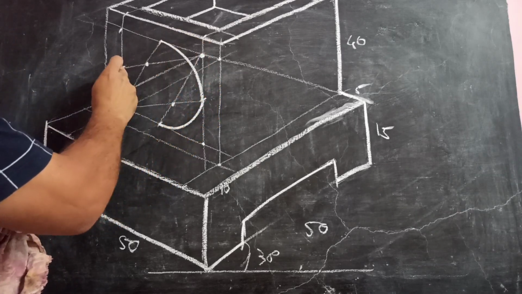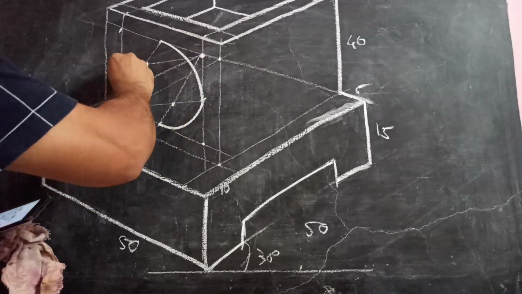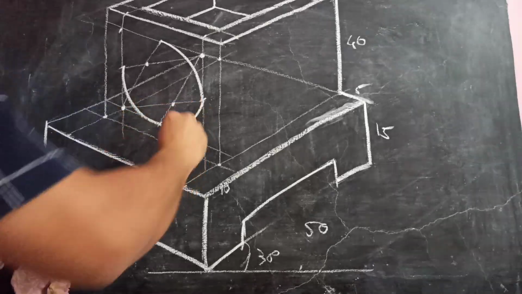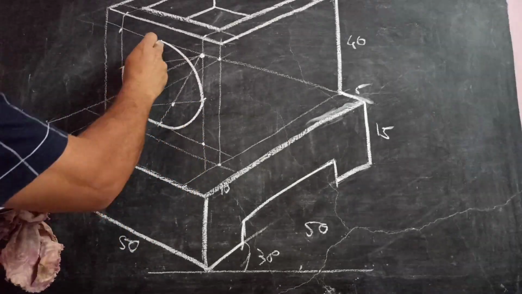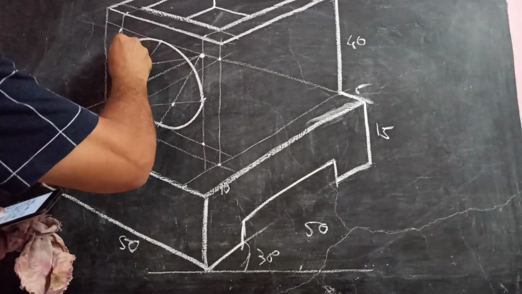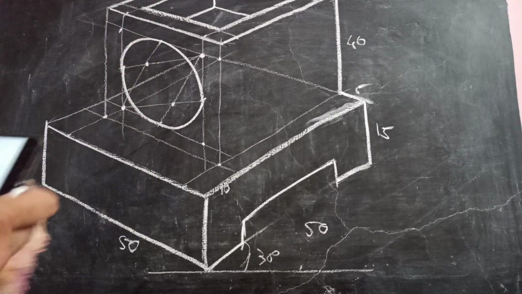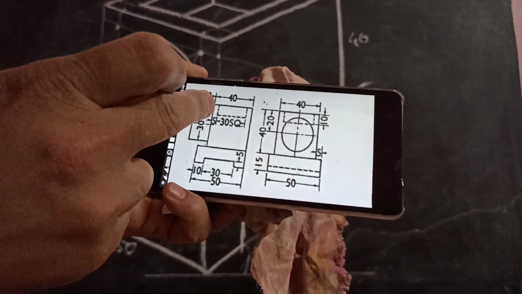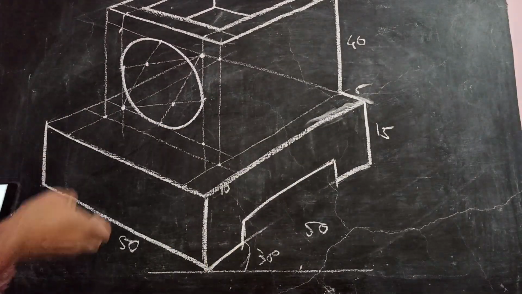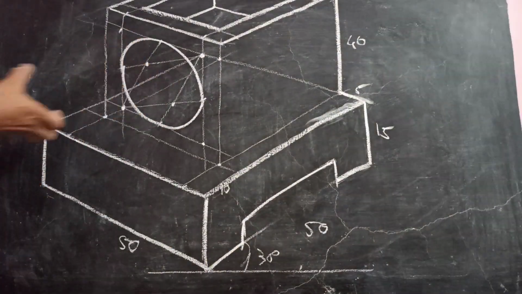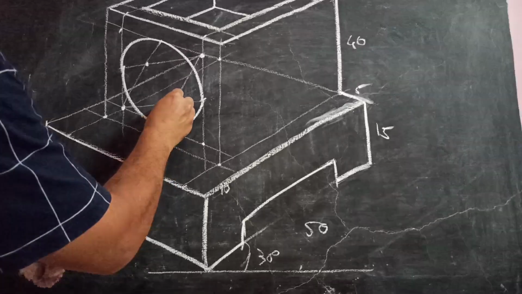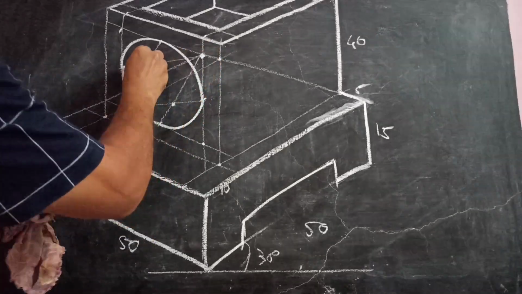Take this as center, this much as radius, and from this as center, this much as radius, you can complete. So you can get this, but it has a length of 20. So this is to be projected here. So we have used these 4 centers, 1, 2, 3 and 4.